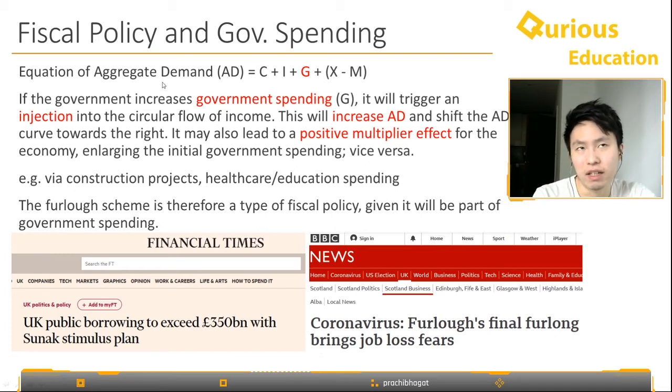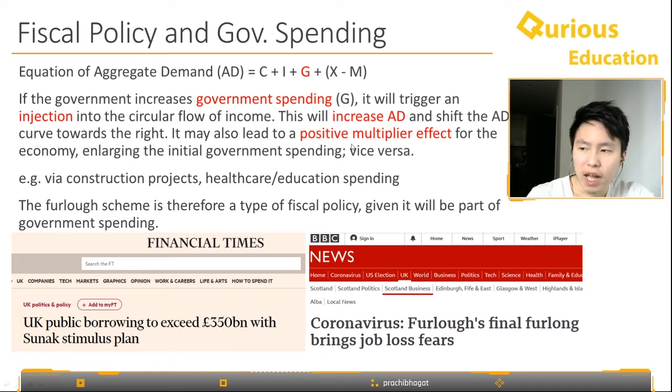Since the government, when they spend more, they're essentially buying or demanding more goods. If you are familiar with the circular flow of income, you would know that when the government spends money, it would be counted as an injection into the circular flow. So there'd be more money flowing between households and firms, and as a result, this would increase AD, and it can also lead to a positive multiplier effect for the economy.